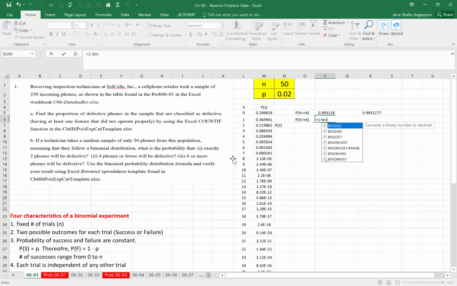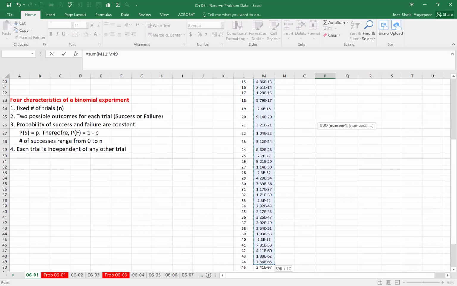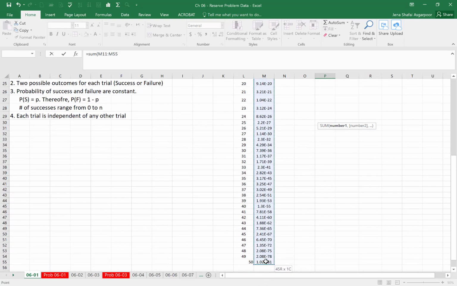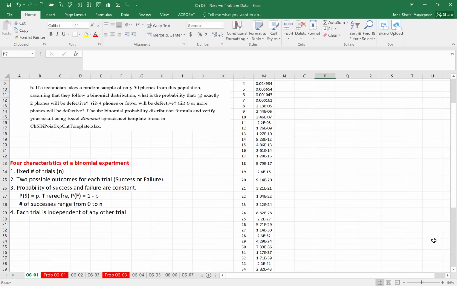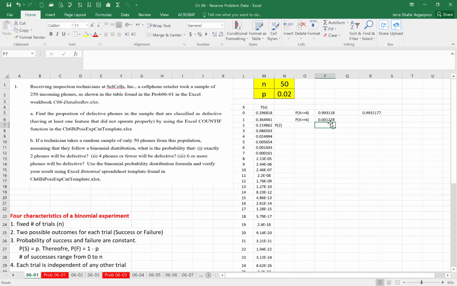Actually, I want to solve it like this first. This equals the summation of 6 or more, so that's from here all the way down. And that number is 0.00128.